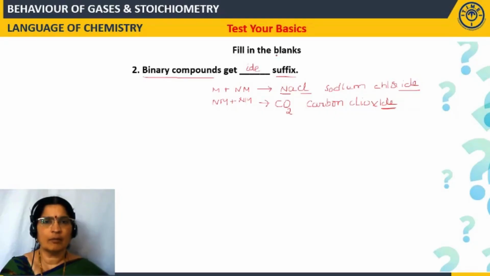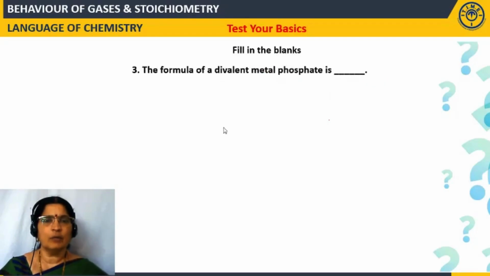IDE. Fine. The formula of a divalent metal phosphate is, see, a divalent metal can be represented as M plus 2. Now what is the formula of the phosphate radical? Phosphate is obtained from a tribasic acid H3PO4. So it forms a trivalent ion.